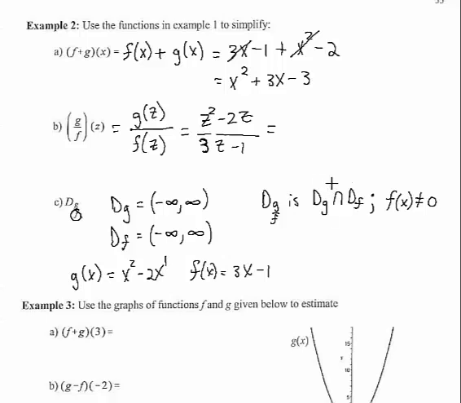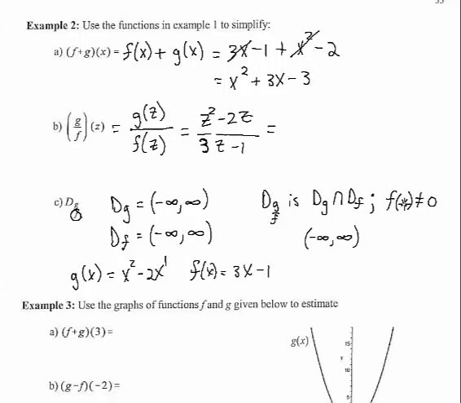So this piece, the intersection of the domains of g and f, just turns out to be negative infinity to positive infinity, since the two domains are identical, all real numbers.